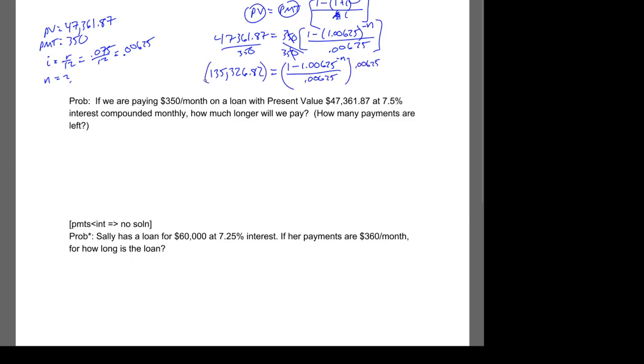And then over here, they cancel, and we have 1 minus 1.00625 minus n. And then you have to multiply the things on the right side. Helps if I'm on the calculator. 845 point something. 79.